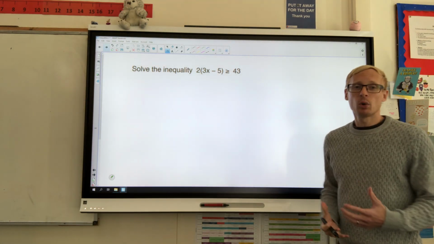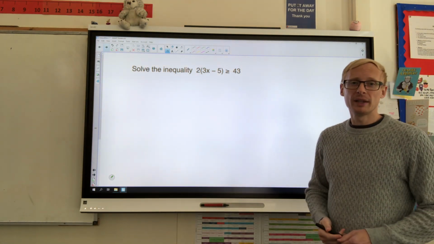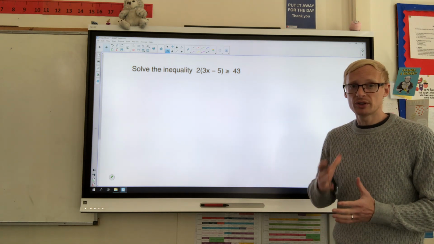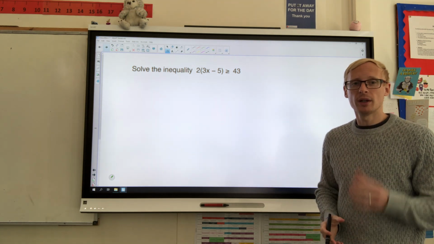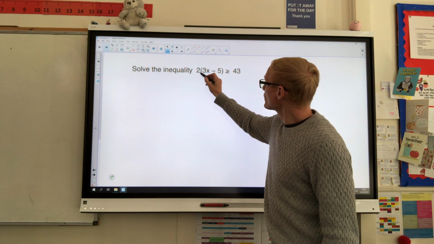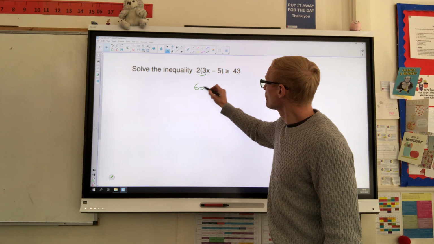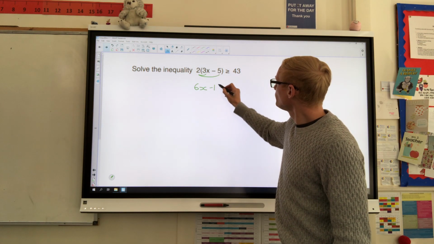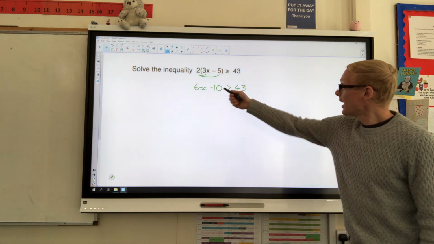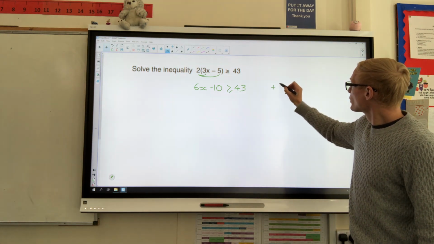Now, we can make these inequalities more complicated in the same way that we can make equations more complicated. The method is identical. You know, we still work to try and get x on its own and get the value of x. So with this, you can multiply out the brackets. So 2 times 3x is 6x. 2 times 5 is 10. From there, you're looking at the 10, and you're going to add 10 to both sides.